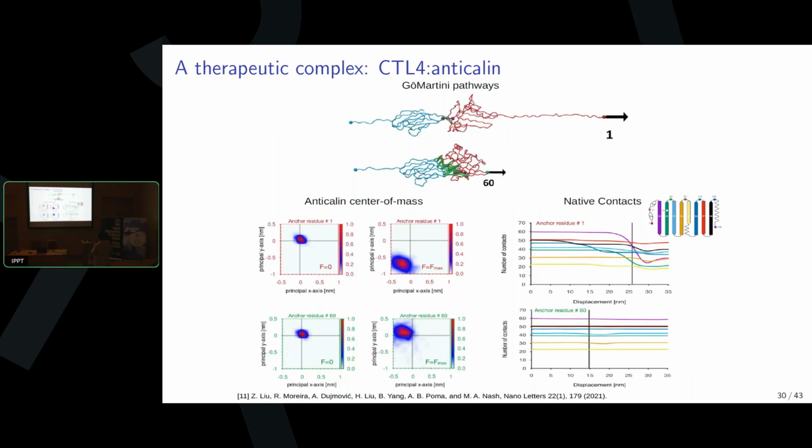You start peeling this one from that one, until the moment happens in these 3 beta strands, and then the system separates. While if you pull from residue 60, the number of contacts remains steady over the simulation, which highlights the robustness of the interface when you set up the pulling from residue 60.